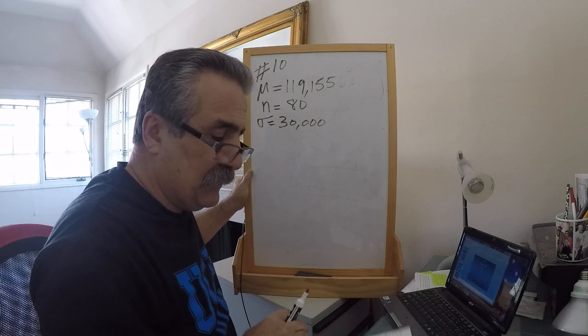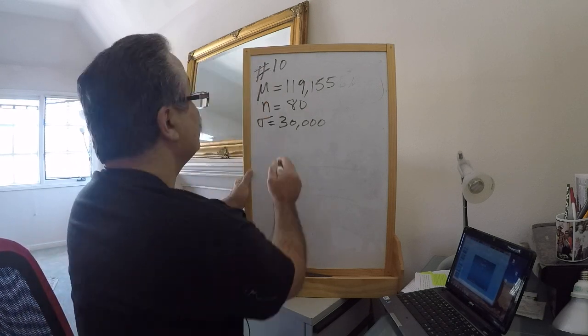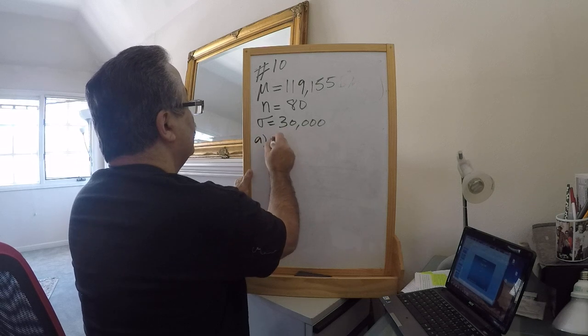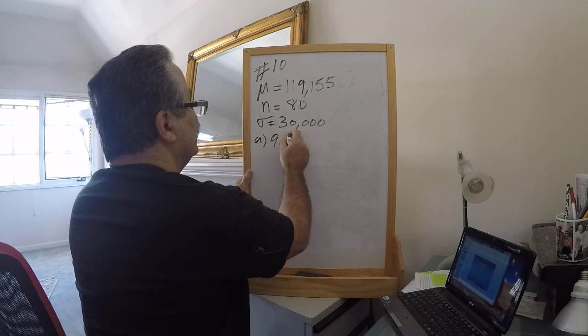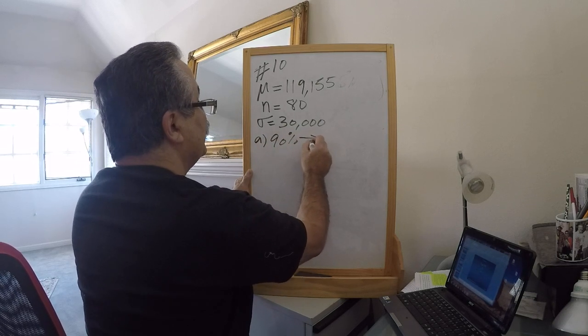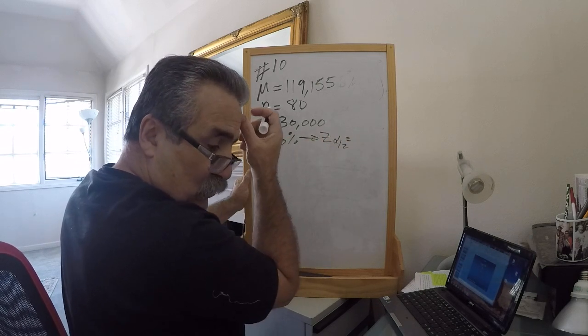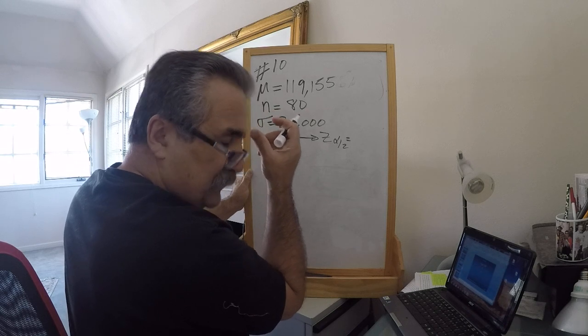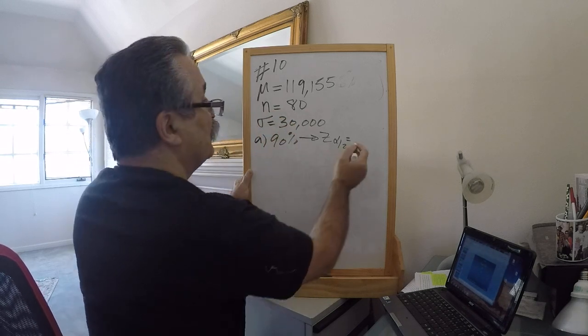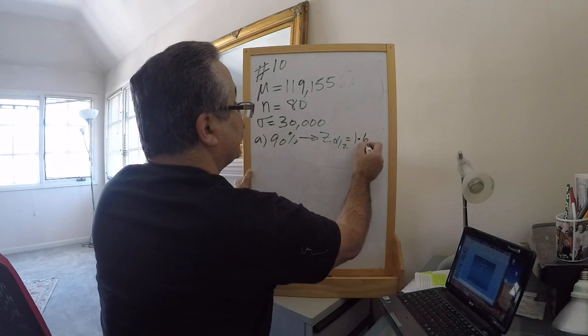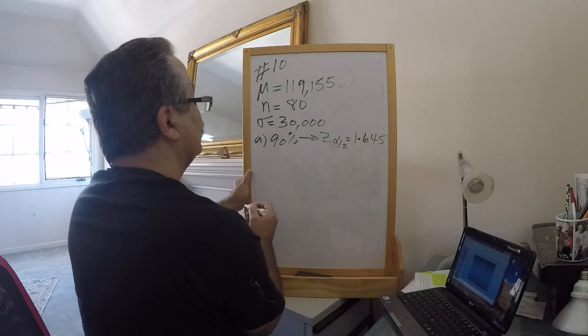So for part A, 90%, z sub alpha over 2 is equal to 1.645.